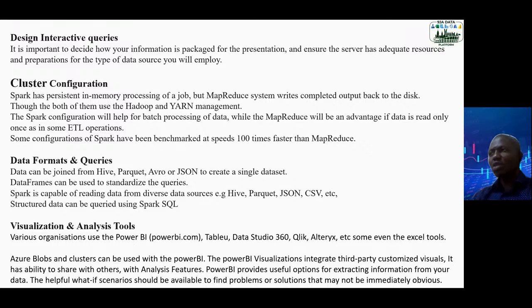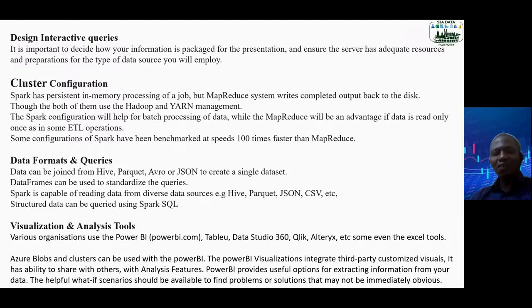Though both of them use Hadoop and YARN management, the Spark configuration will help for batch processing of data, while MapReduce can be an advantage if data is read-only or for ETL operations. And Spark is also 100 times faster than MapReduce. So depending on your cost and your data usage, you need to understand all that as well.